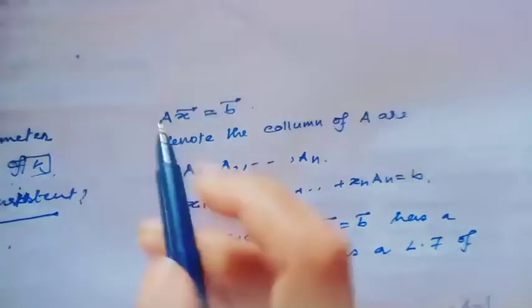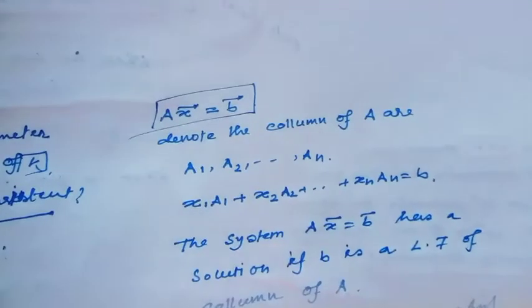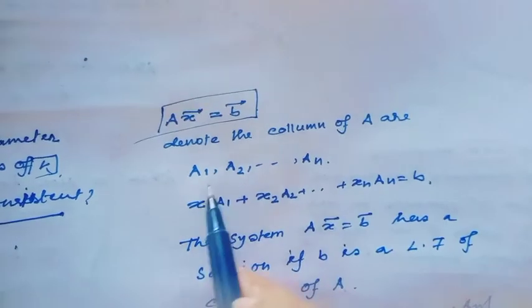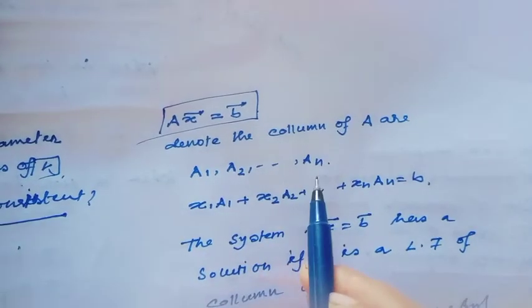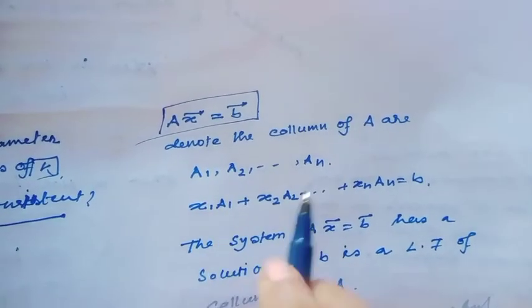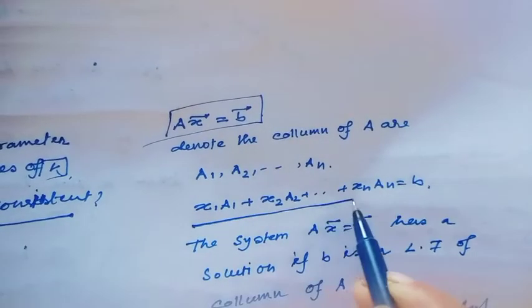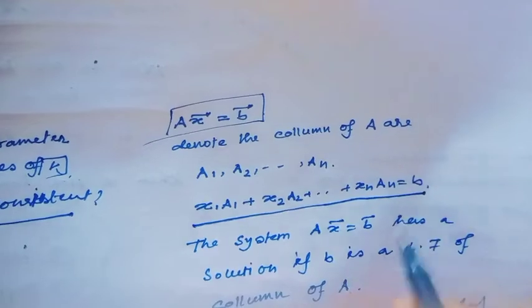The system of linear equations Ax equal to b, here the columns of the matrix are A1, A2 up to An. Here Ax equal to b means x1 A1 plus x2 A2 up to xn An equal to b.